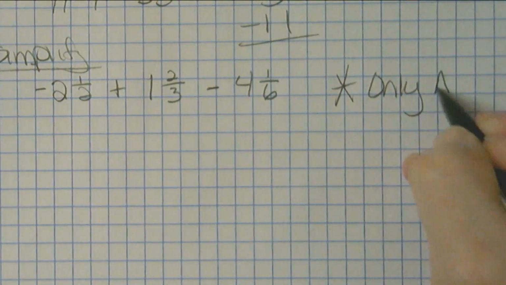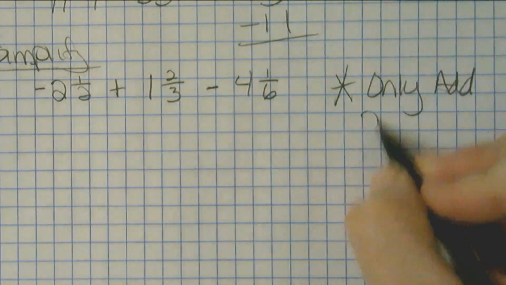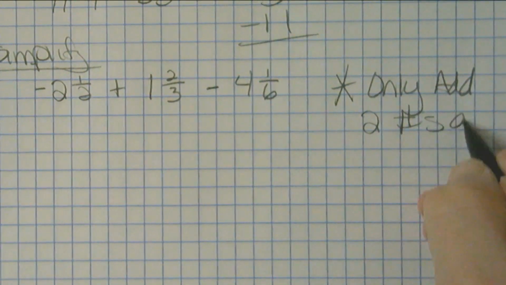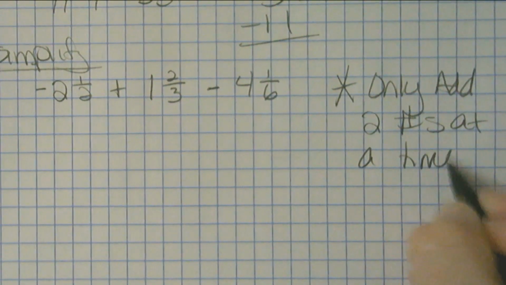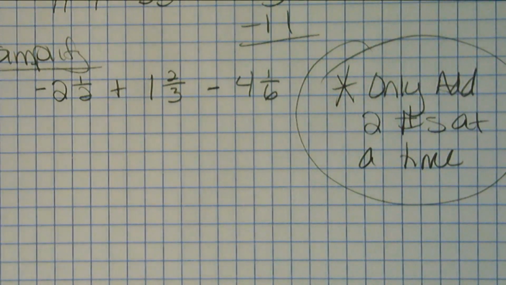Only add, because in the end we're going to change everything to addition, only add two numbers at a time. I would get into that habit, particularly here, because there is subtraction going on. All right, because we do have to add numbers with different signs. So you're only grabbing two at a time.